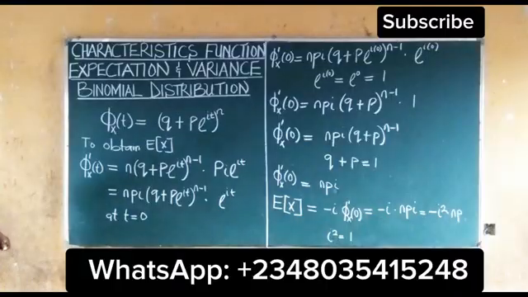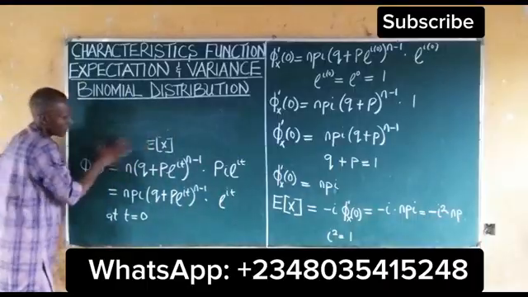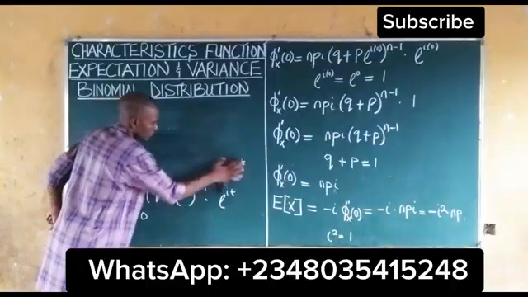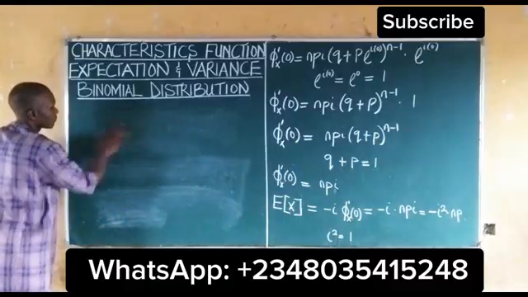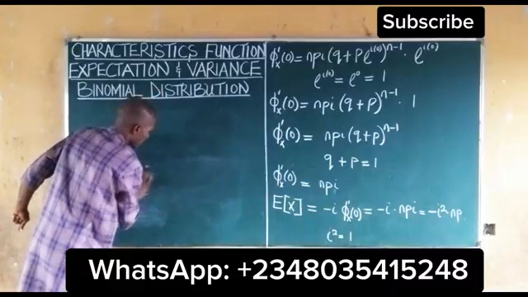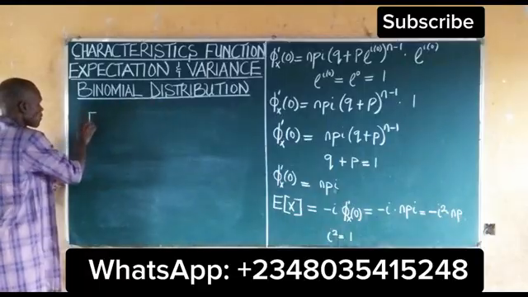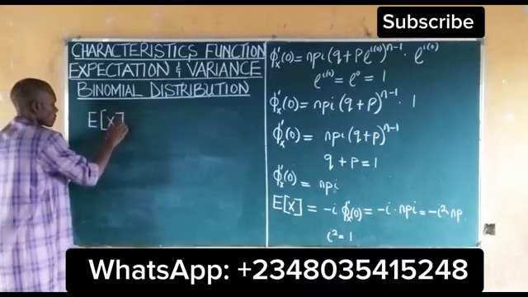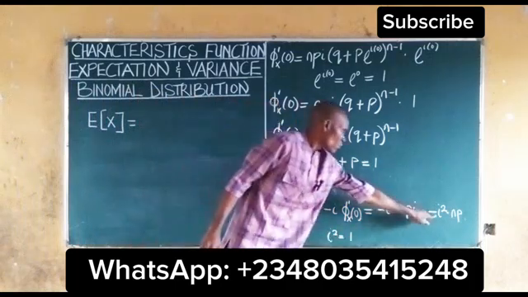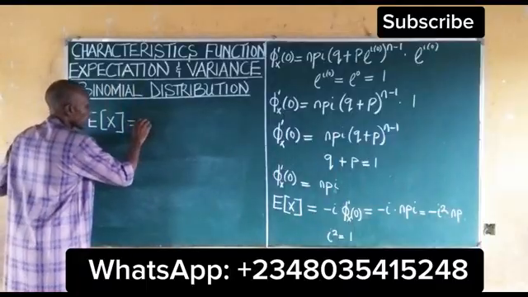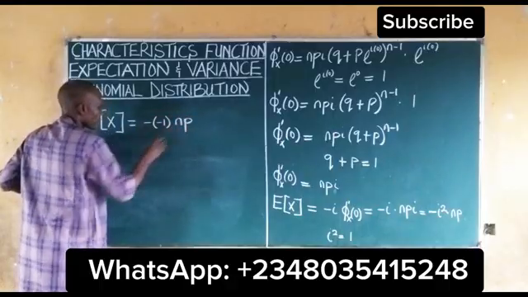So we can now write our expected value of x. Since i squared is equal to negative 1, it means that we have negative 1 times negative 1 and n p.